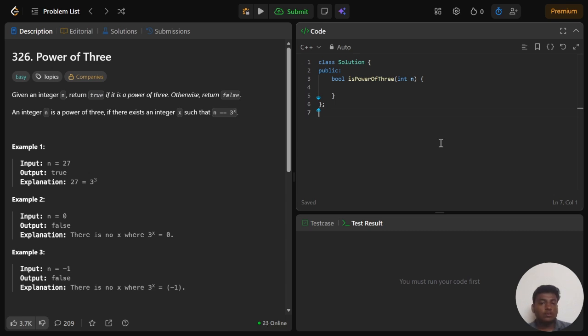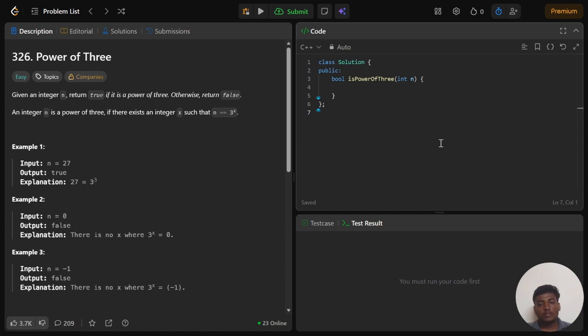So what will be the algorithm for this? We will return false if n is less than or equal to 0. As we know, n equals 0 is not a power of 3, and numbers less than 0 are also not a power of 3.